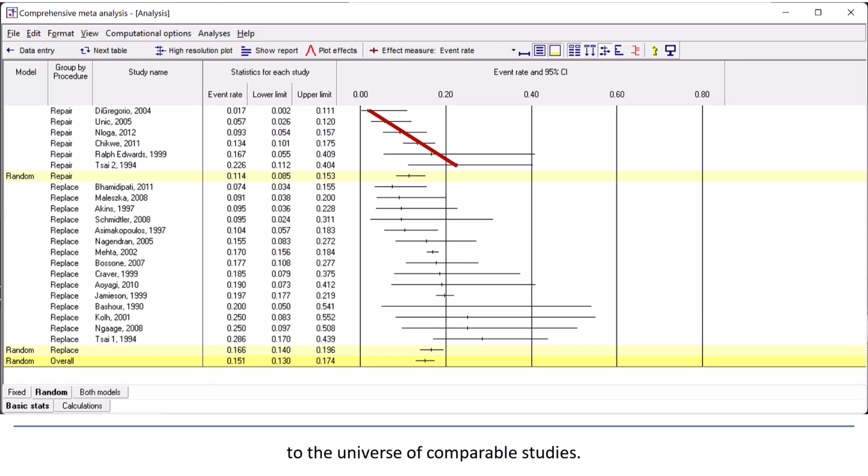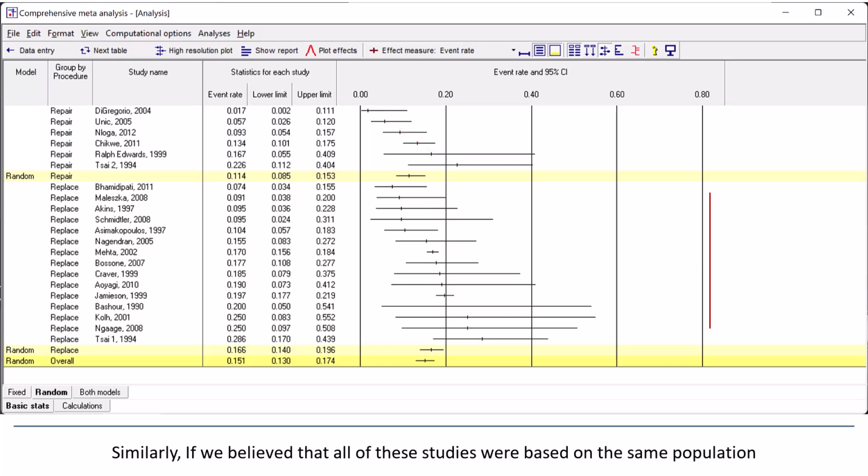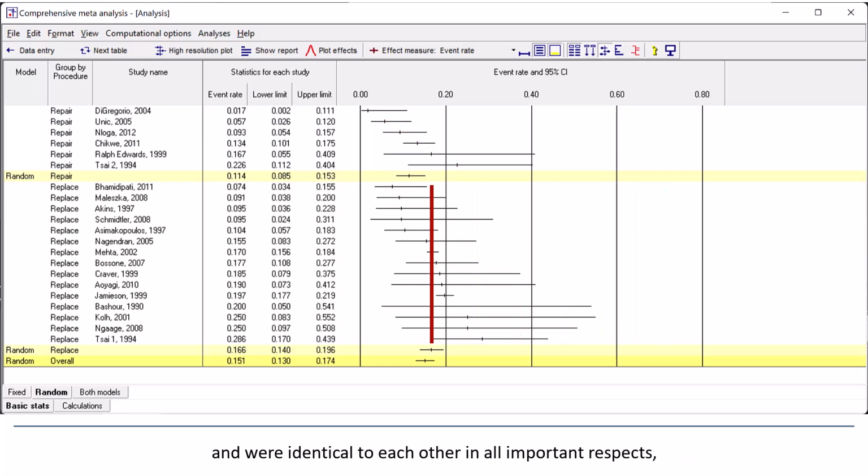Similarly, if we believed that all of these studies were based on the same population and were identical to each other in all important respects, we would use the fixed effect model to estimate the common effect size here, and that effect size would apply only to that one population. However, again, that is clearly not the case.